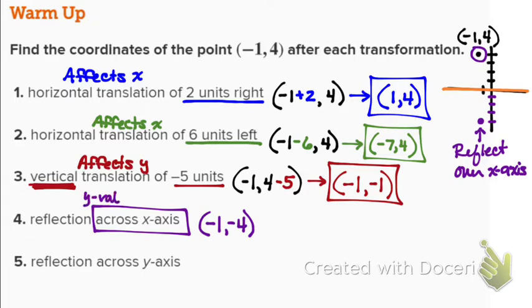The y value changed signs. So thinking about a reflection across the y-axis, can you guys predict which value is going to change if I reflect across y? The x value is going to change signs.